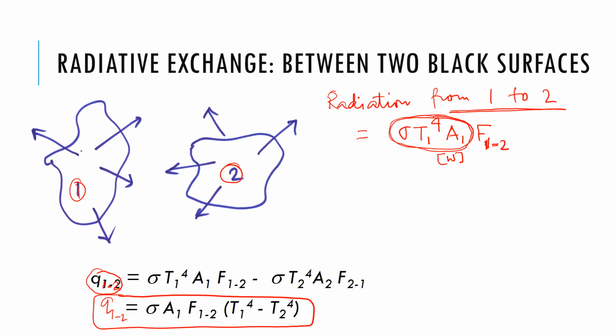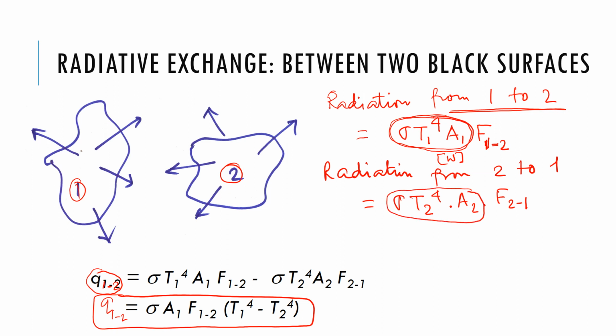This is not the net amount going from 1 to 2 because 2 is also radiating. So radiation from 2 to 1 is equal to sigma T2 to the 4 times A2 times F21, the fraction of energy emitted by 2 that would be intercepted by 1.